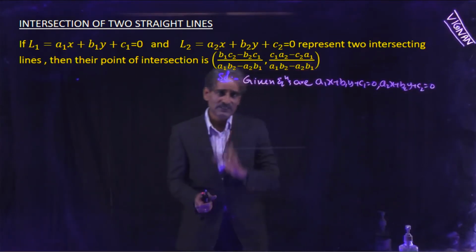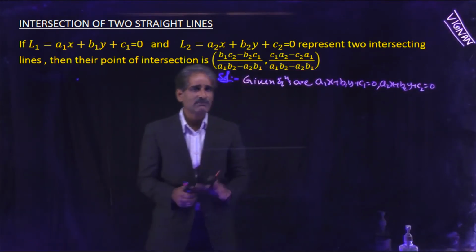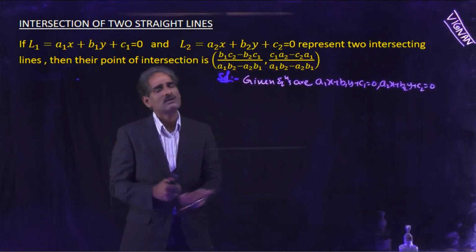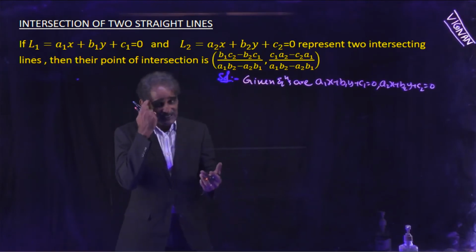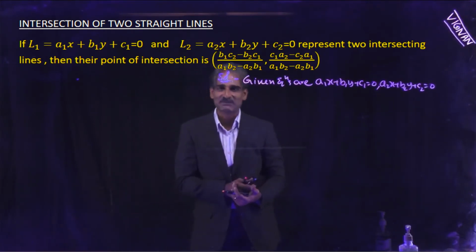There are two methods. One is eliminating: by eliminating y we can find the x value, and similarly by eliminating x we can find the y value. Another one, in general words, you can call the YCX method.